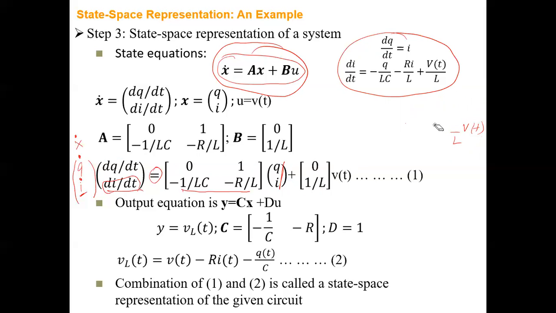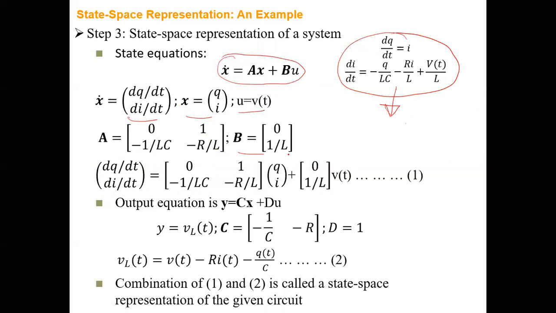Now I'm ready to answer a question. Once you see this, you have to be able to figure out your A, B, X dot, X, and U. So you have to be able to figure out these from this equation.